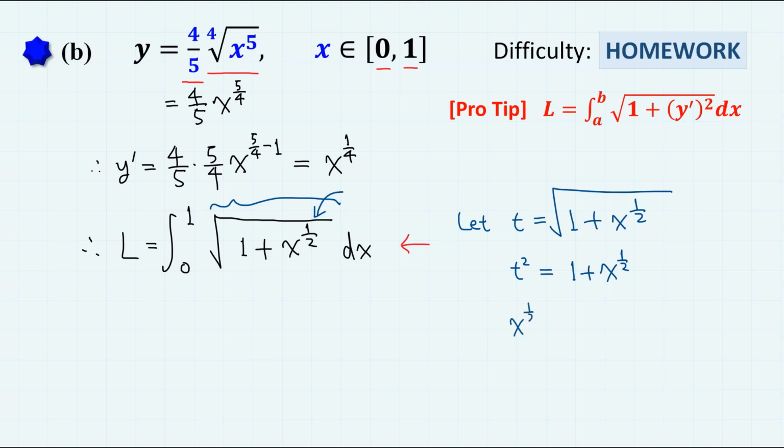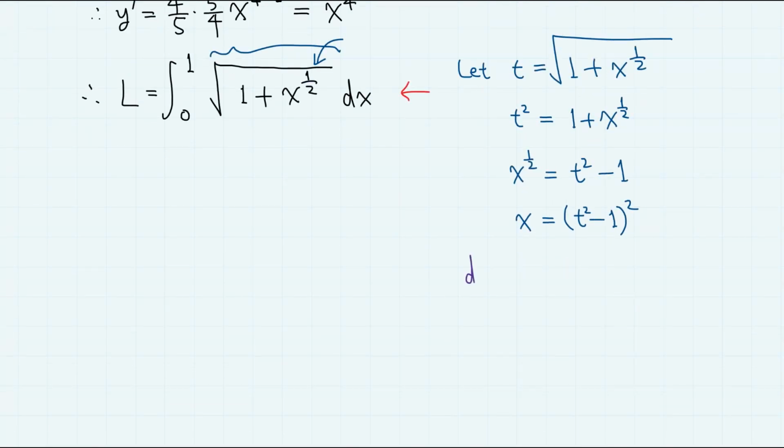So x to the power of 1/2 equals t squared minus 1, which gives x equals (t squared minus 1) squared. Therefore, dx is given as 2 times (t squared minus 1), then we must have 2t here times dt, hence 4t (t squared minus 1) dt.